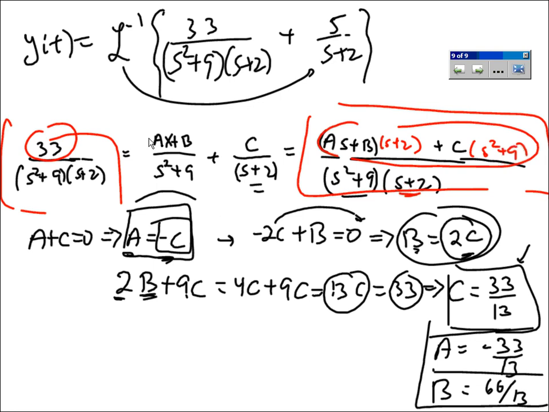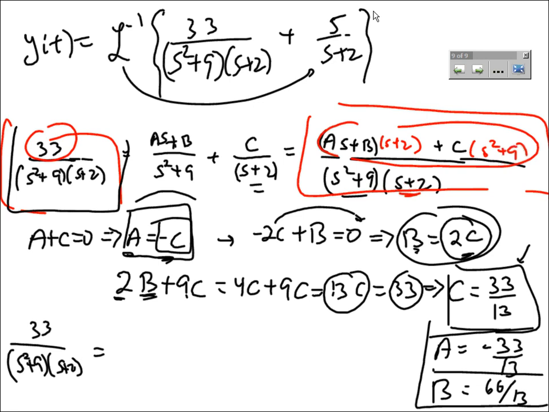Okay, so let's go back and plug in the values. Again, I still have that typo. X should be the letter s. We have as plus b, but a is negative 33 over 13. So we have 33 over (s squared plus 9) times (s plus 2).